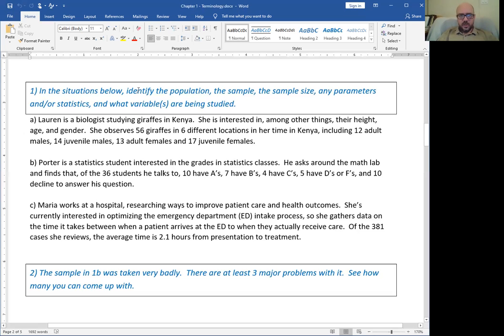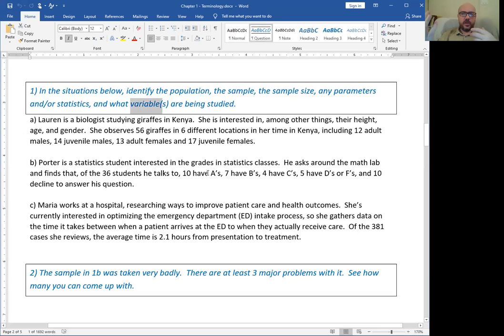All right, so I want to identify the population. It says he is interested in the grades in statistics classes. So his population is going to be the statistics classes, or the people in the statistics classes. The grades are going to be his variable, which technically I'm doing later, but that's what he's interested in.